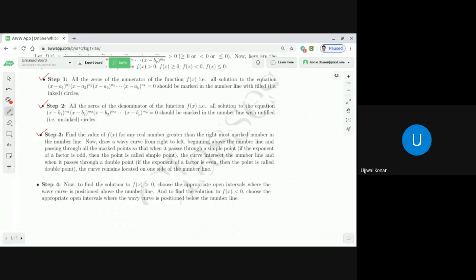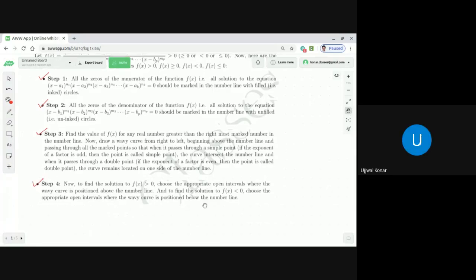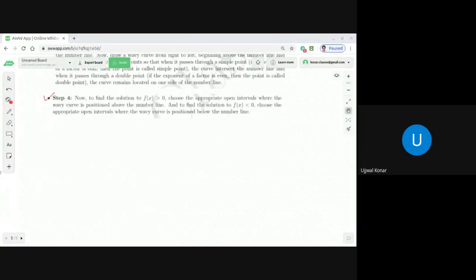And to find the solution to f(x) less than 0, choose the appropriate open intervals where the wavy curve is positioned below the number line. Correct, dear students? That is step 4. And that is done.